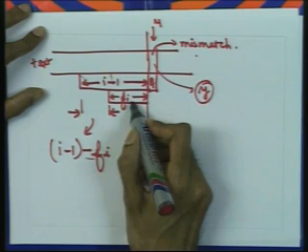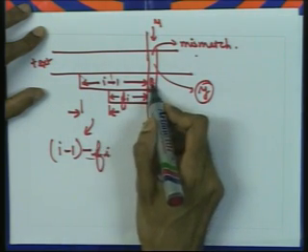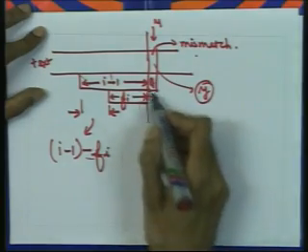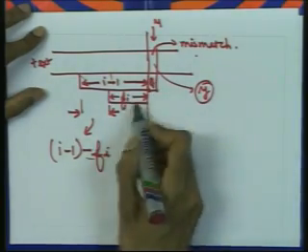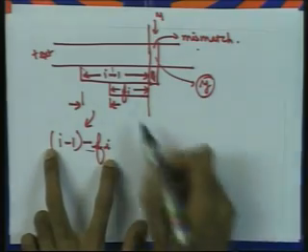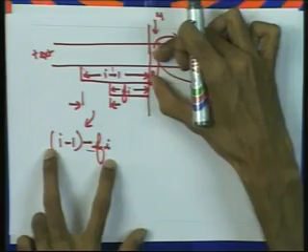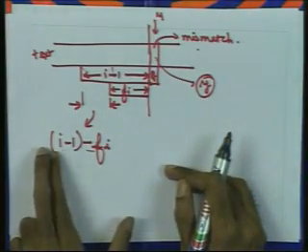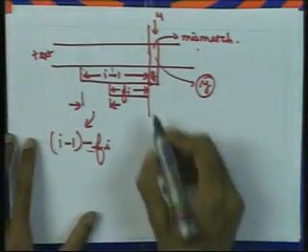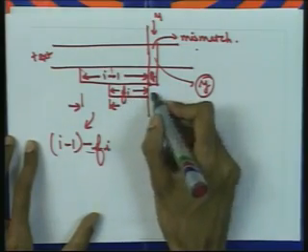I set it to Fi plus 1. If it were I initially, I set it to Fi plus 1. If it were X initially, I set it to Fx plus 1. Because I have moved it by I minus 1 minus Fi, or I minus 1 minus Fx. Remember, my pointer was X here. It was not I but X. If there is a mismatch, I shift it by X minus 1 minus Fx. So the next character I am going to check in the pattern is nothing but Fx plus 1.